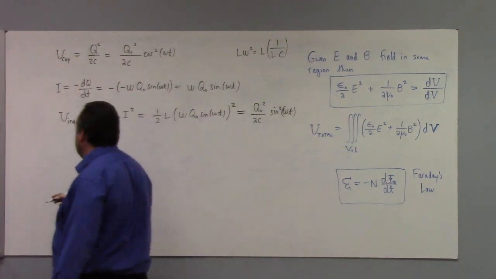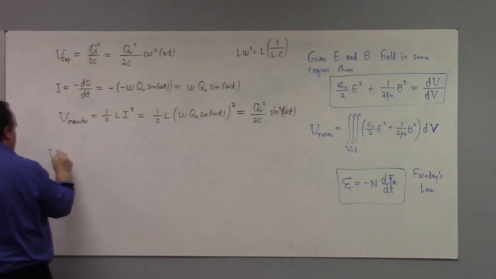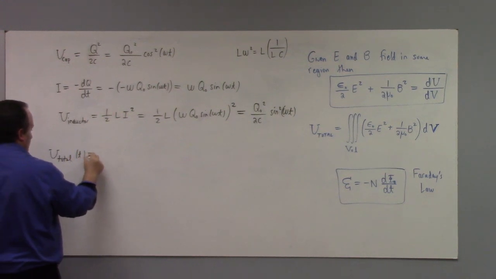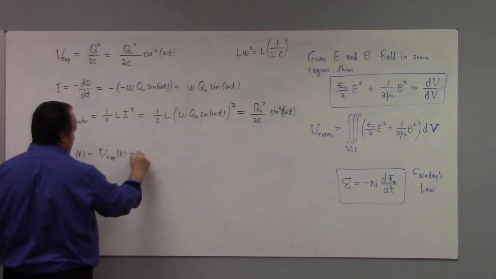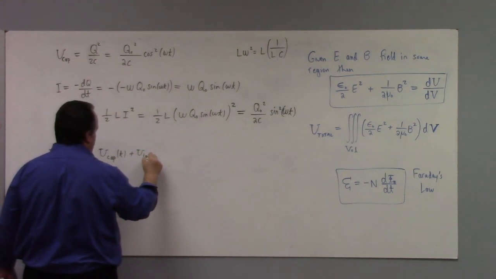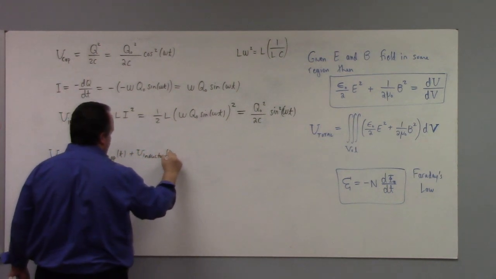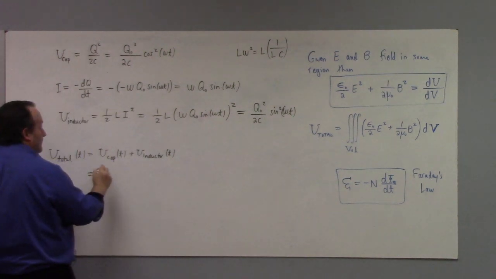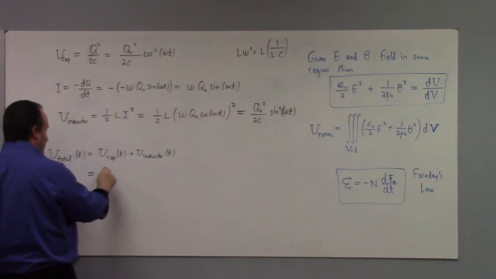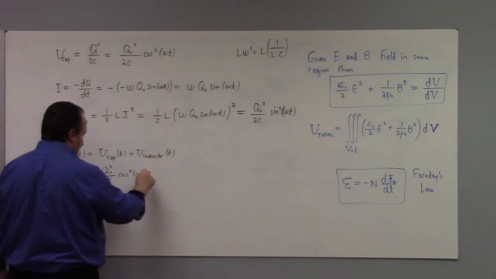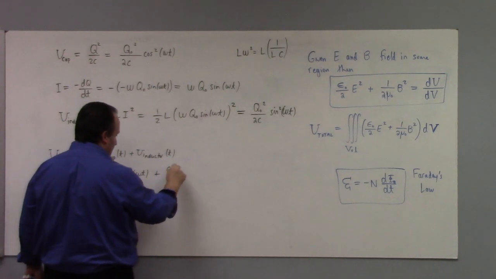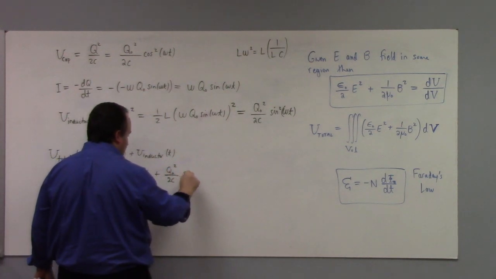So what's the total energy at time t? It would be the sum of the energy in the capacitor, plus the energy in the inductor, right? And how does that work out? Looks like we've got Q naught squared over 2C cosine squared omega t plus Q naught squared over 2C sine squared omega t. How's that?